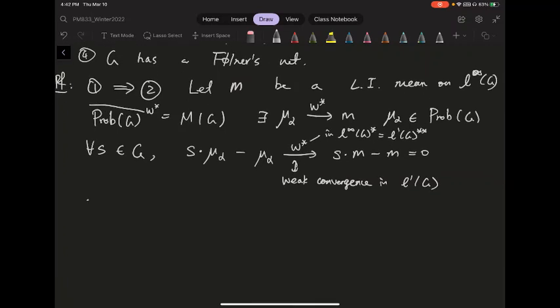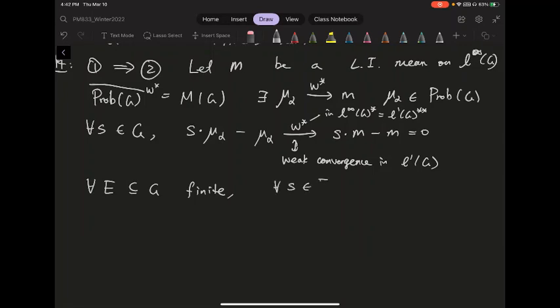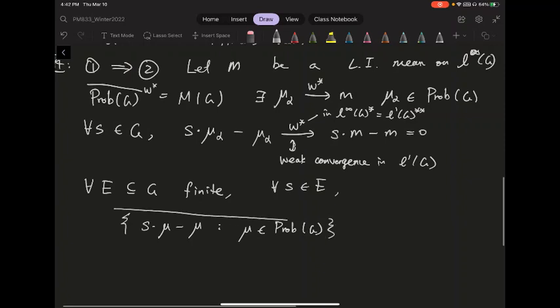Now for every finite set E contained in G, I can just fix finitely many s. For every s inside E, I can consider all of these s dot mu minus mu, where mu is in the probability of G. If I consider its weak closure, that is going to contain 0, because if I put the mu alpha in there, that converges to 0.